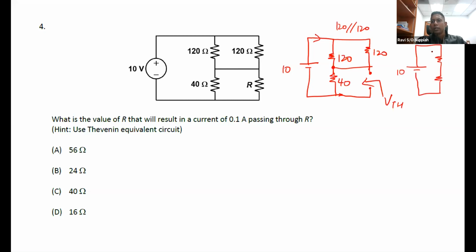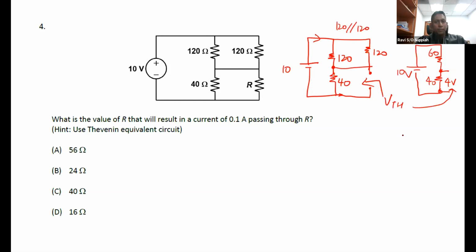So this 120 parallel 120 is 60 and this is 40. So the voltage you're interested in is this point over here, and you can just apply your voltage divider rule. Since this is 10 volts, you automatically know that this is 4 volts. So your VTH is 4 volts.